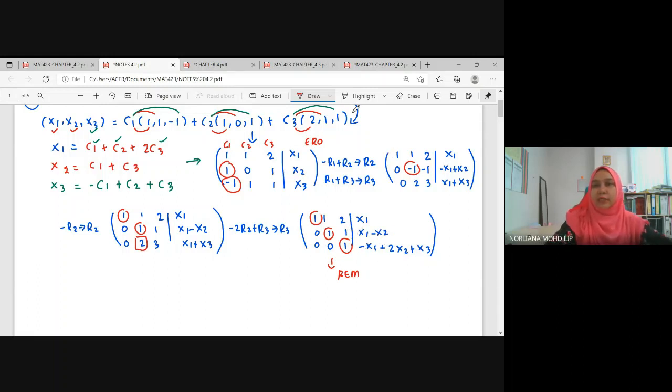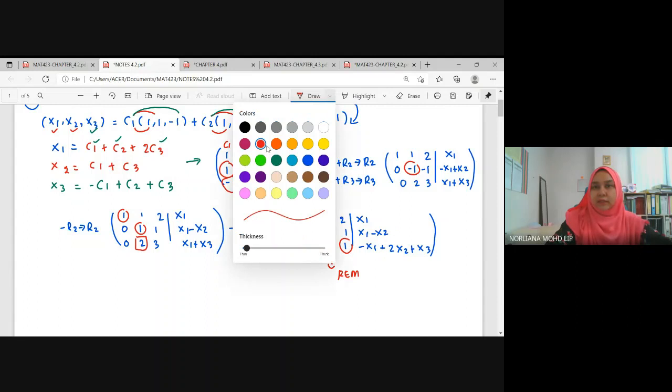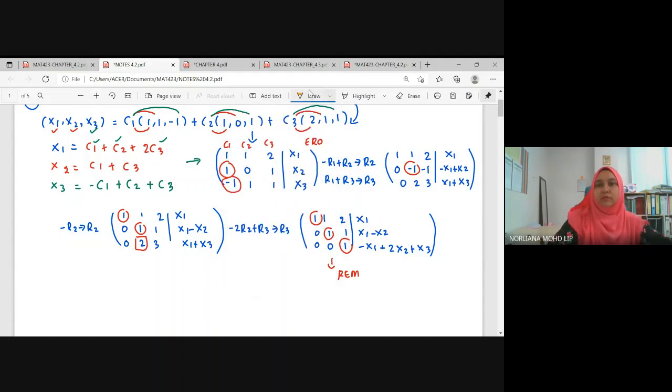Okay, then we can conclude by looking at the last row of this REM form. So C1, C2, C3. By looking at this last row, the system is consistent.